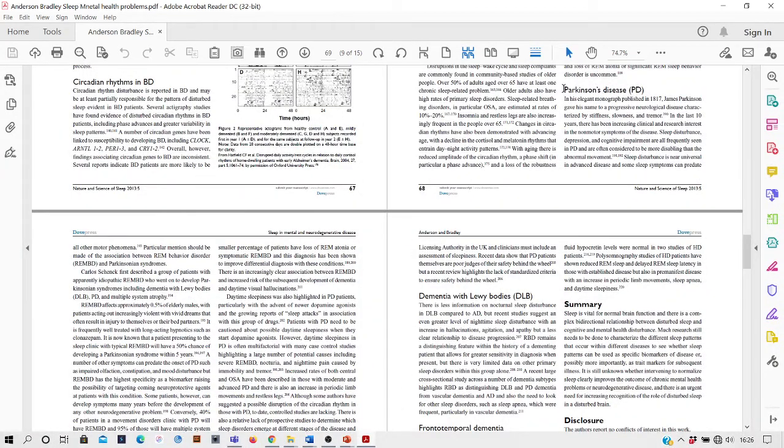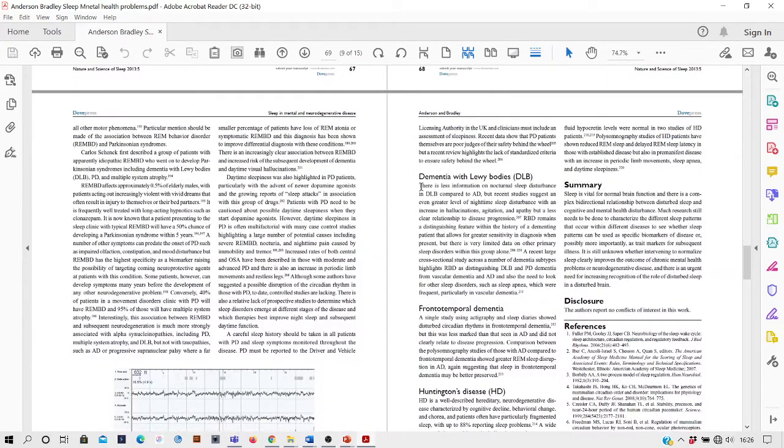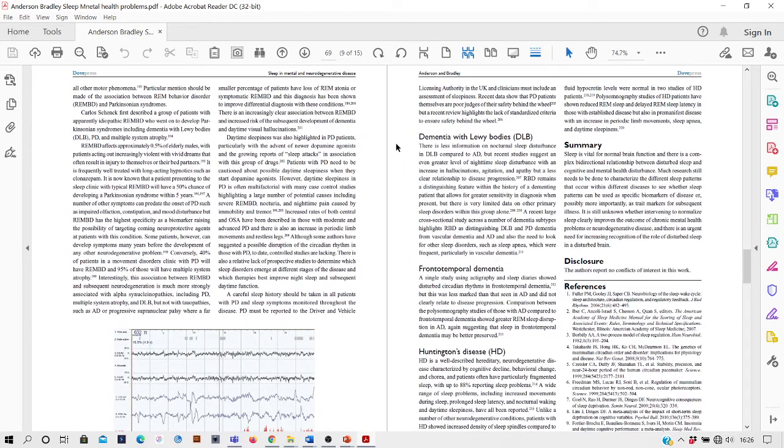As we continue toward the end of the paper, we talk about Parkinson's disease and some of the more common dementias. Here we can see Lewy body disease, which is what Robin Williams was tragically diagnosed with, and the symptoms of that caused him to do what he chose to do at the end of his life.